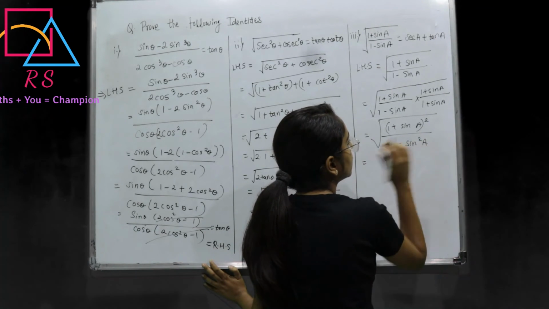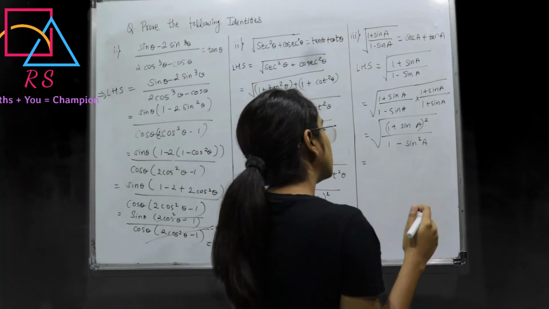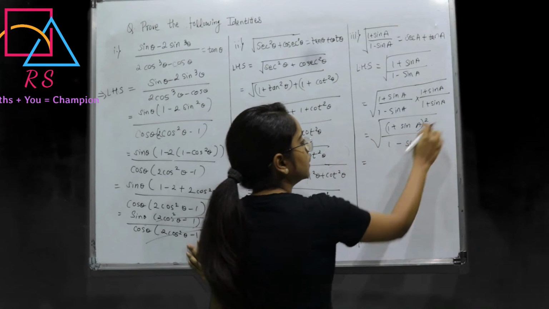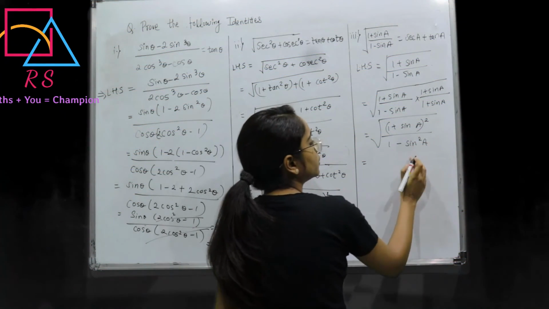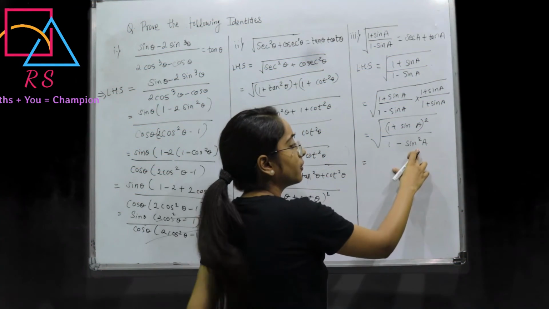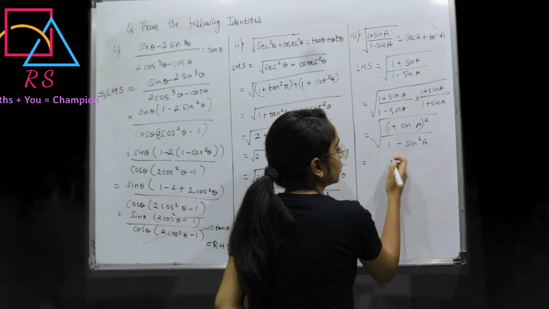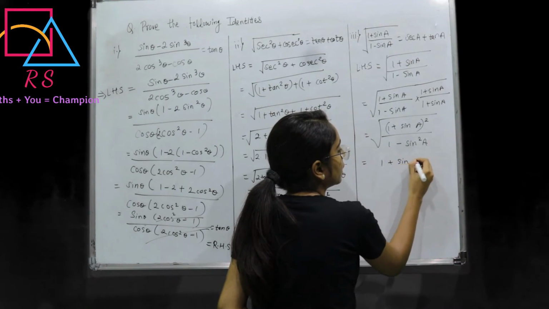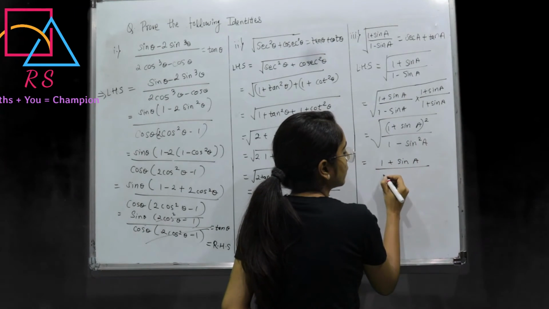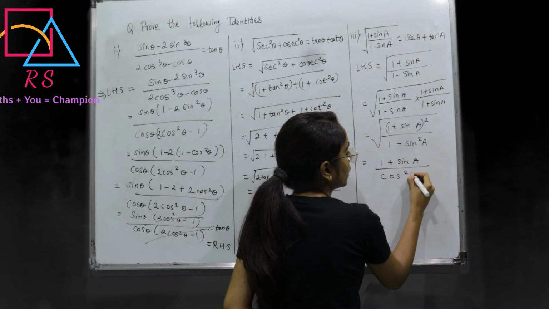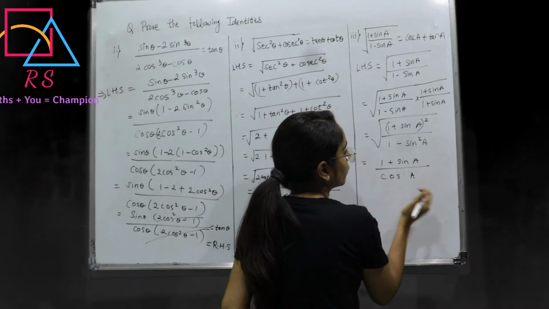I'll take it out of the square root. So 1 minus sin square a is cos square a, so I'll just take the values out of the square root.